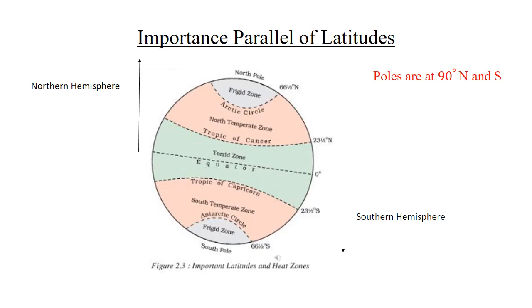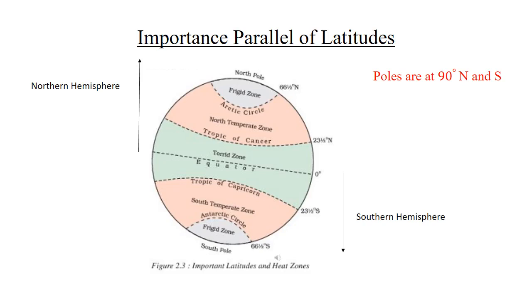If I go a little bit down from the equator, it has been marked as the Tropic of Capricorn. It is also an imaginary line which exists at the same degree as the Tropic of Cancer, but the only difference is it is 23.5 degrees south. The earlier one, the Tropic of Cancer, is at 23.5 degrees north.